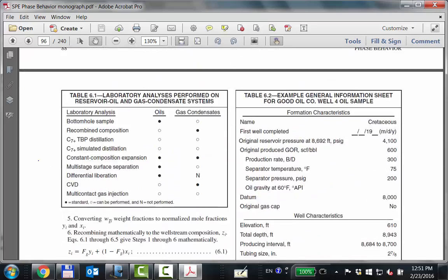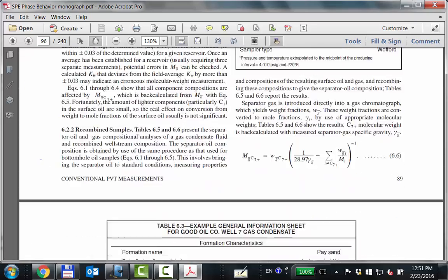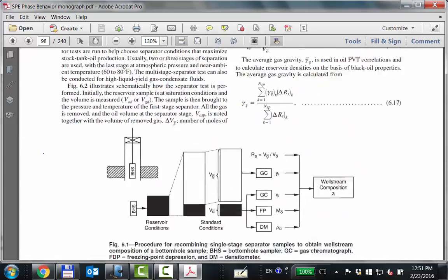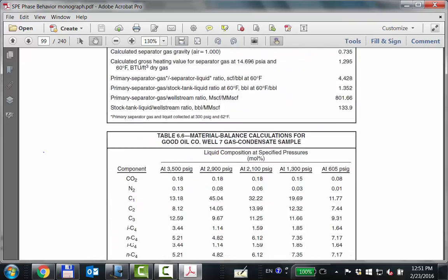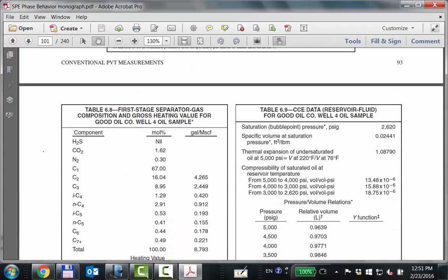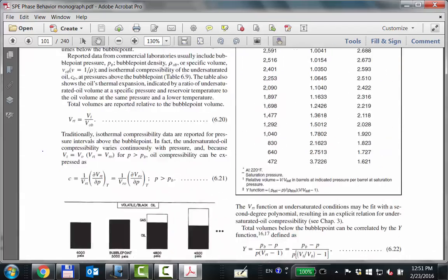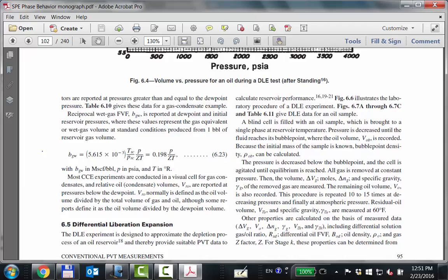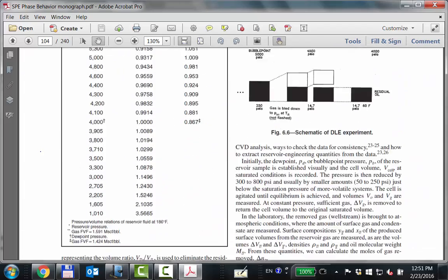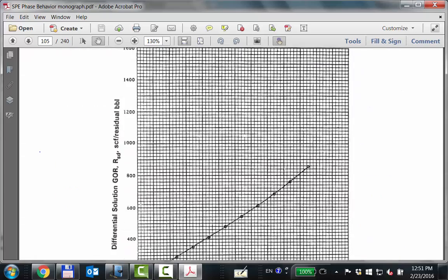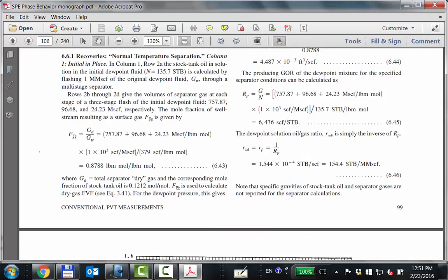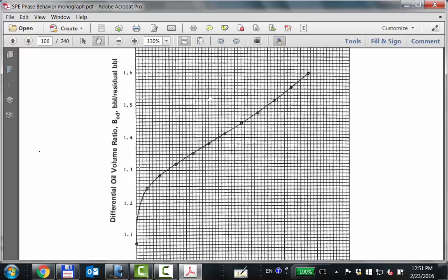We'll go through and try to find these numbers in the tables that are given. Here's the figure.